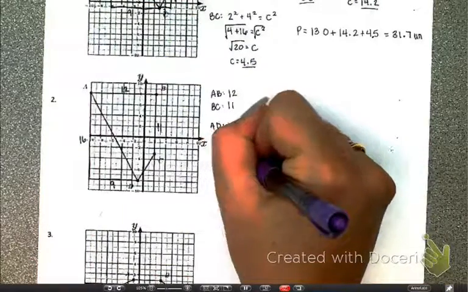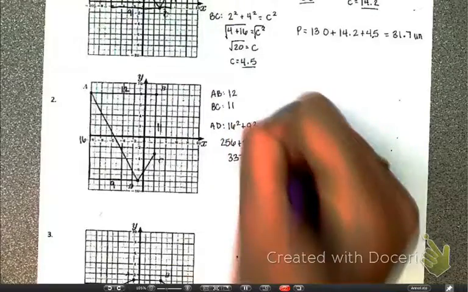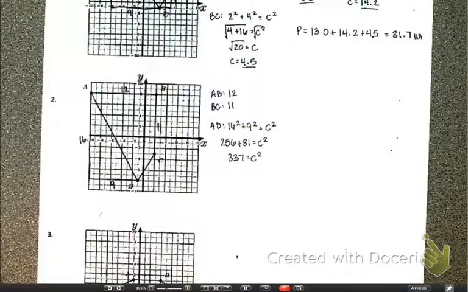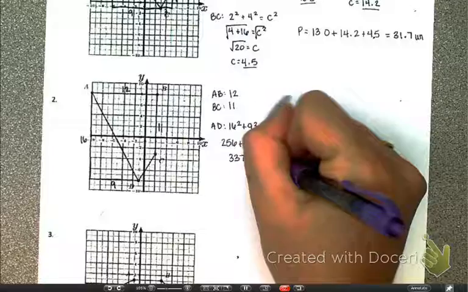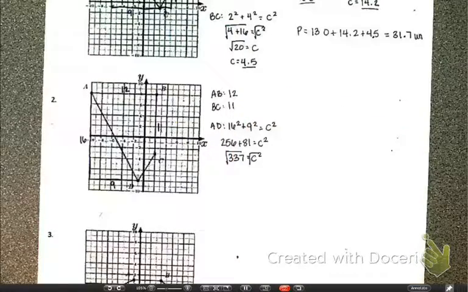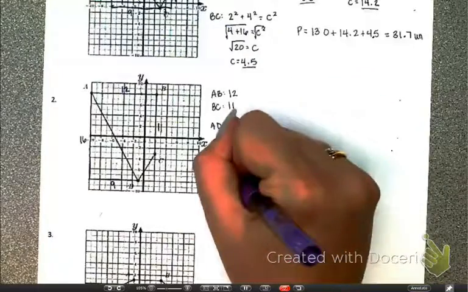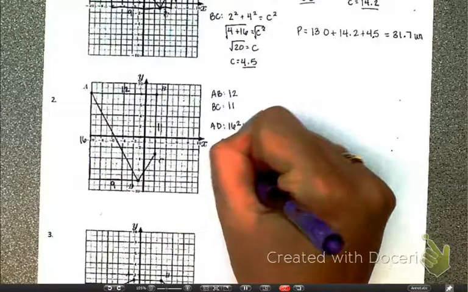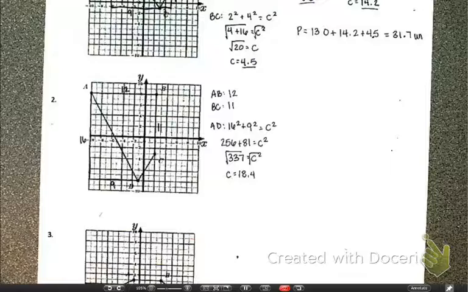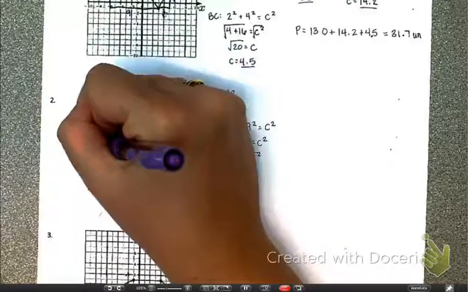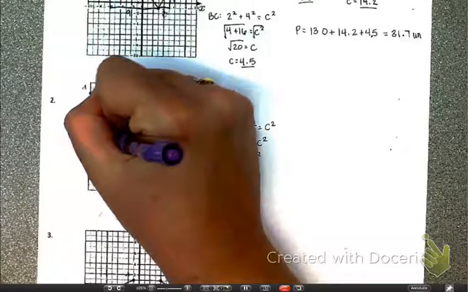So 337 equals C squared. And what do you get when you take the square root to the nearest tenth? 18.4. Good. So this here is 18.4.